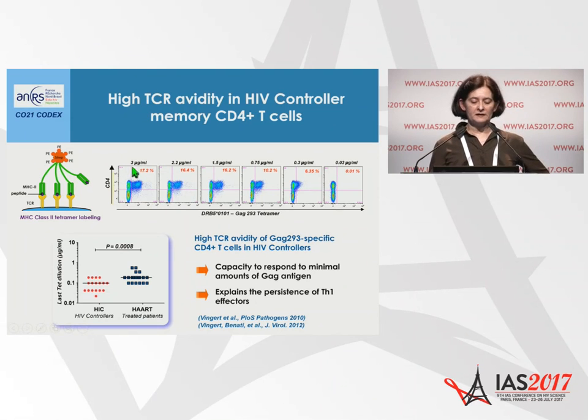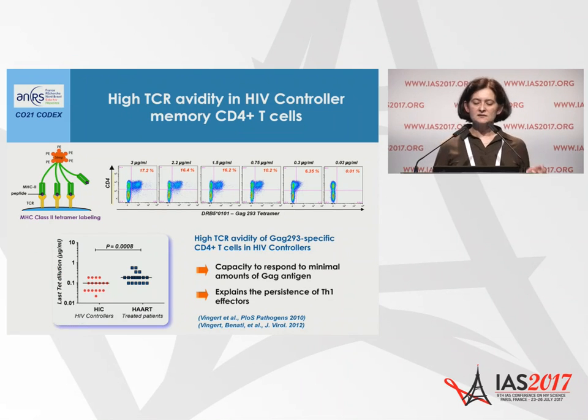We amplified primary CD4 cell lines specific for GAG293, and then we labeled the specific CD4 T-cells with MHC tetramers, MHC class II tetramers. And we could do tetramer dilution assays, and we observed that controller CD4 T-cells could bind the tetramers more efficiently than those from treated patients, as indicated by a lower last positive tetramer dilution.